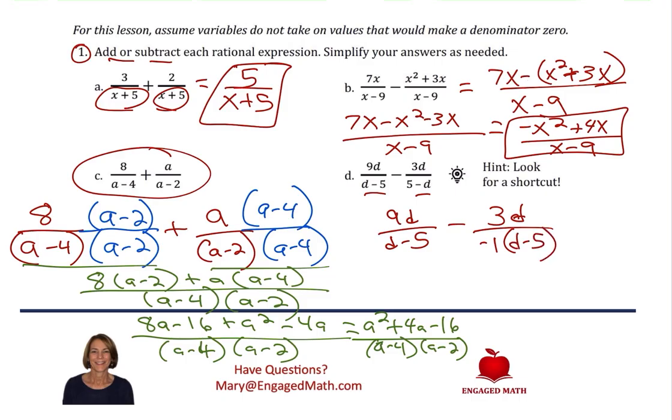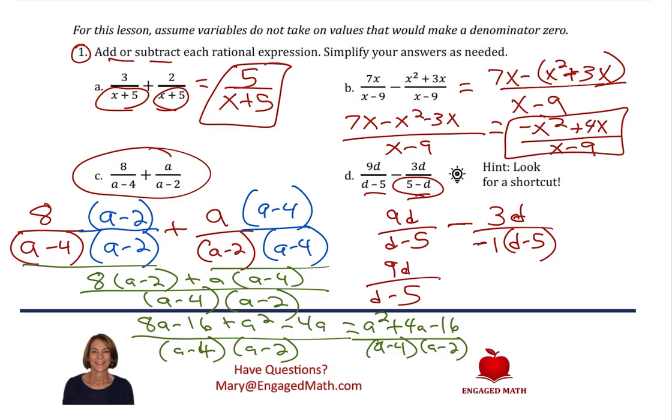What I'm hoping you see is that I haven't changed 5 minus d. Negative 1 times d minus 5 is still negative d plus 5. I haven't changed the denominator. I just factored out a negative 1 and rewrote it. So take a minute to make sure that makes sense. The good news is I can now rewrite this fraction much more simply as 9d over d minus 5.